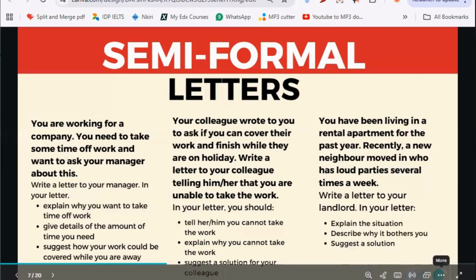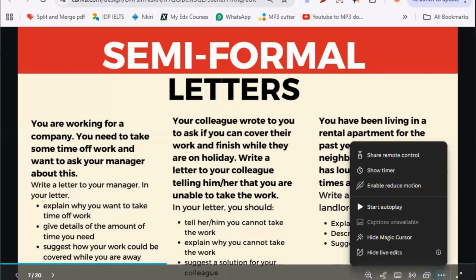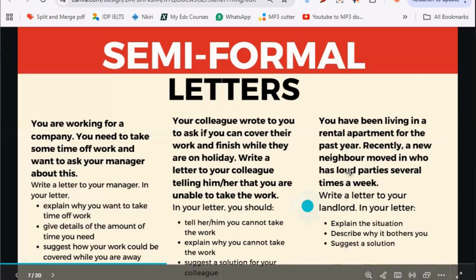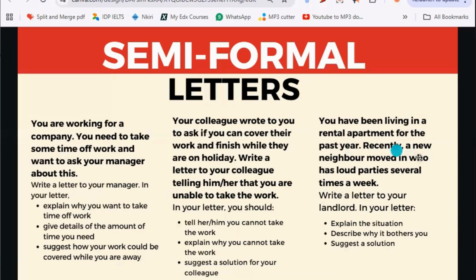And then look at the last example. You have been living in a rental apartment for the past year. Recently, a new neighbor moved in who has loud parties several times a week. Wahala. In Nigeria, we say wahala.